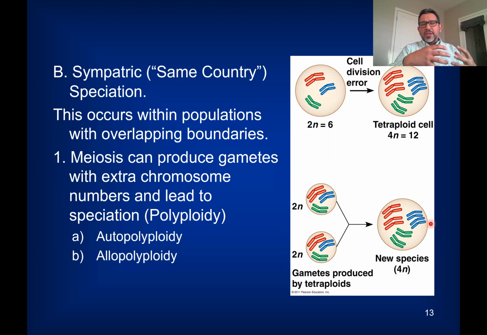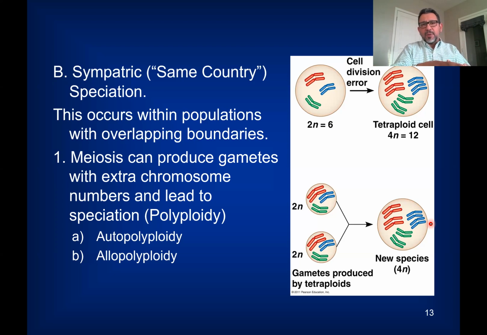Then, if fertilization happens, you are going to have a new zygote that has chromosomes from one parent and chromosomes from another parent that are not going to be compatible. So when later mitosis happens, there's going to be extra sets of chromosomes. And if meiosis is allowed to happen, then there are going to be hybrids produced with extra sets of chromosomes.